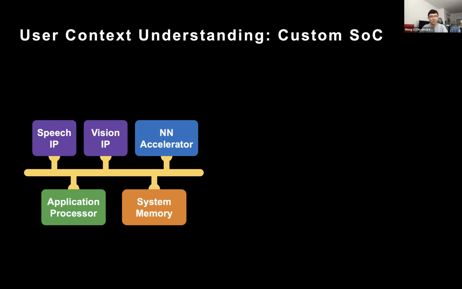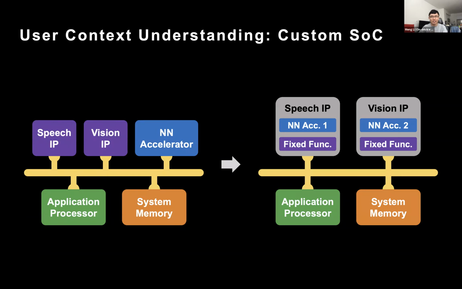However, as we mentioned, the applications are quite heterogeneous, which means it is very hard to design one single accelerator that can achieve good performance on all these different applications. Therefore, what we are proposing is a more customized SoC, which encourages a deeper integration of the IPs and the network accelerator itself, as shown in this figure.